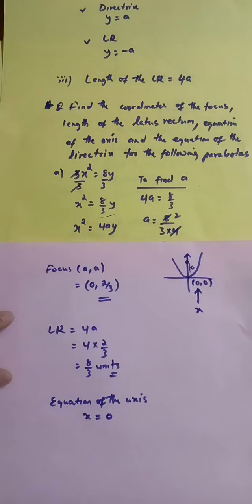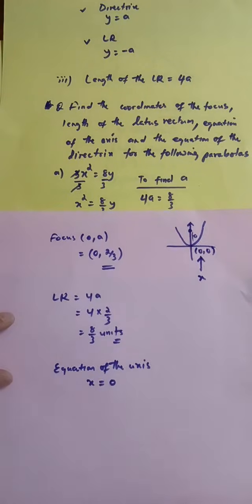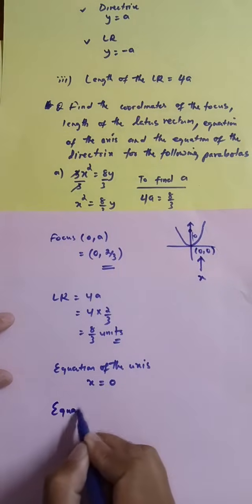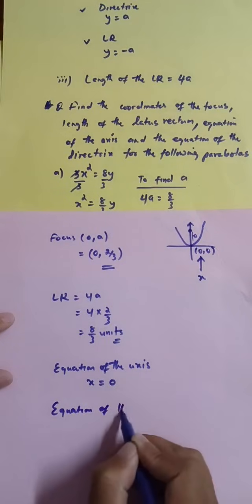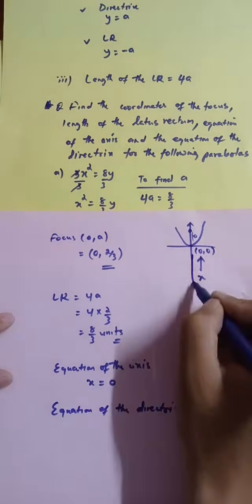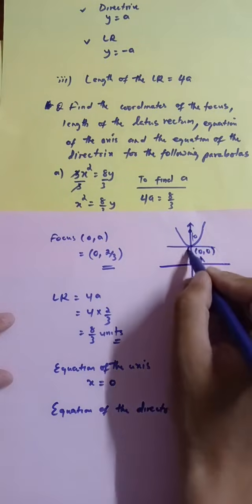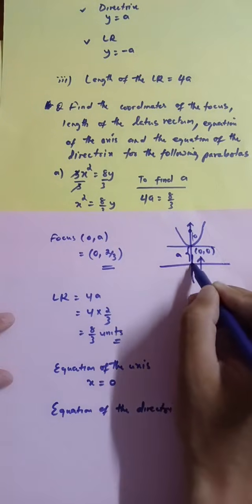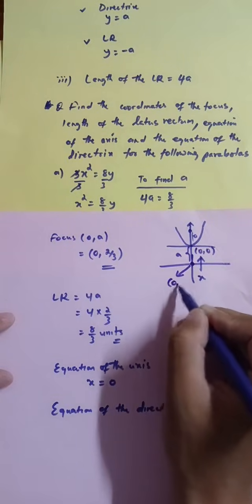Now the equation of the directrix. What is this distance? This distance is A again. What is the coordinate point? The coordinate point is (0, negative A).